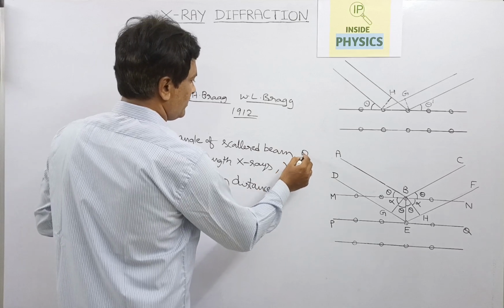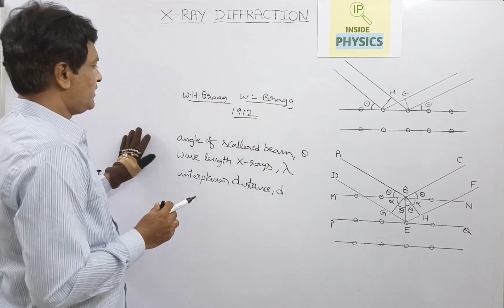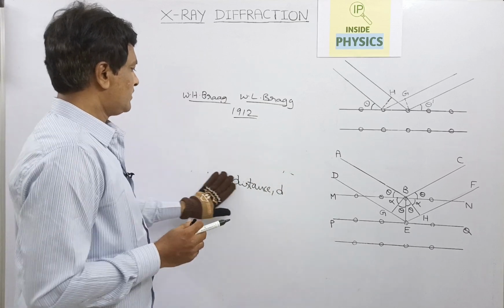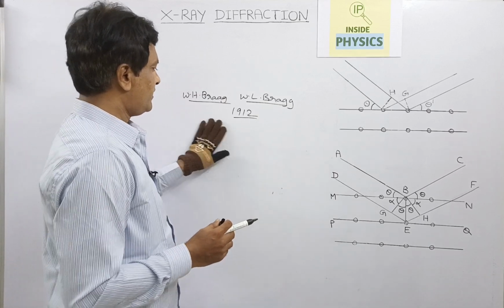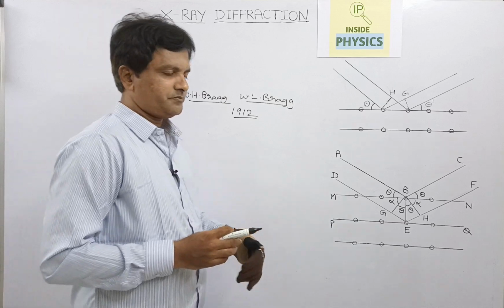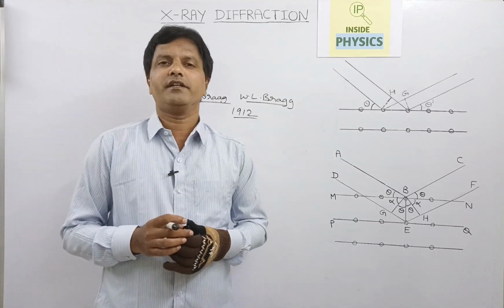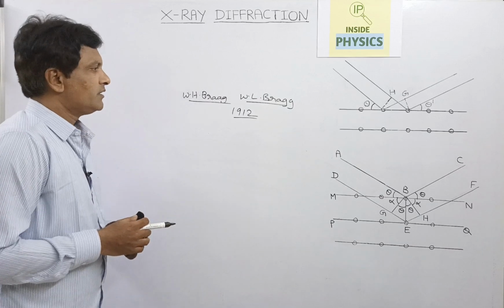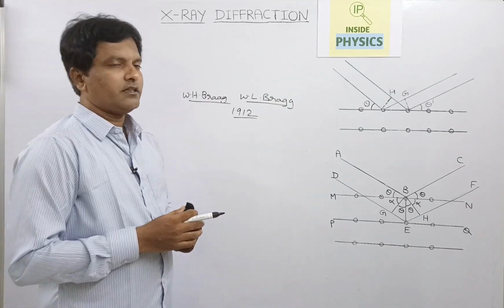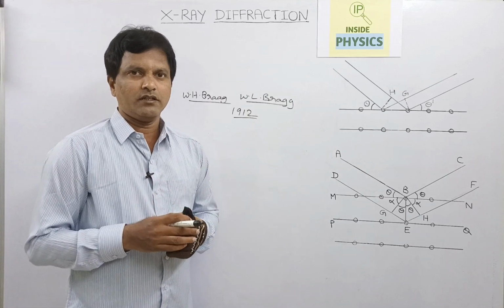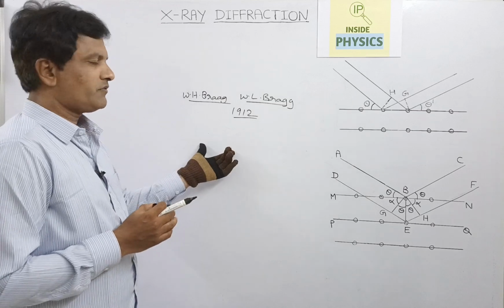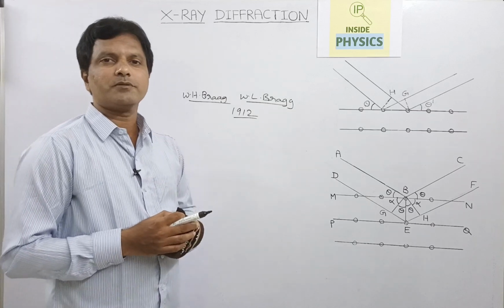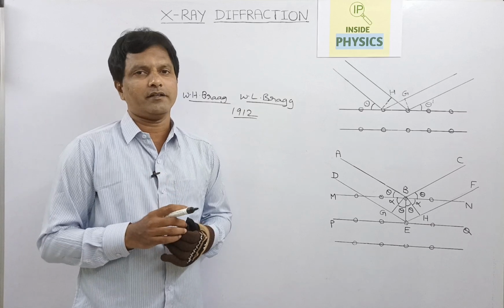A relation between these three gives a condition which tells us whether the diffracted X-rays are interfering constructively or destructively. If the interfering diffracted X-rays satisfy this condition, it will form a bright spot as a diffraction pattern.